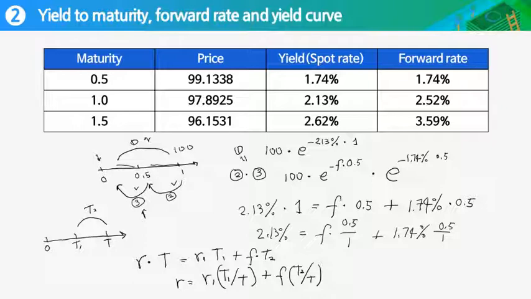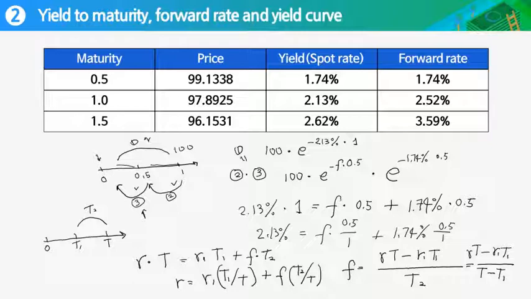Or we can express F, then F is basically RT minus R1 T1 divided by T2, which is T minus T1.